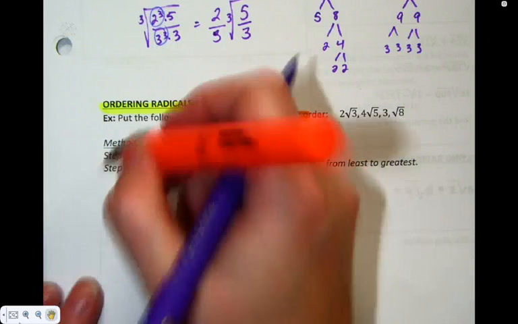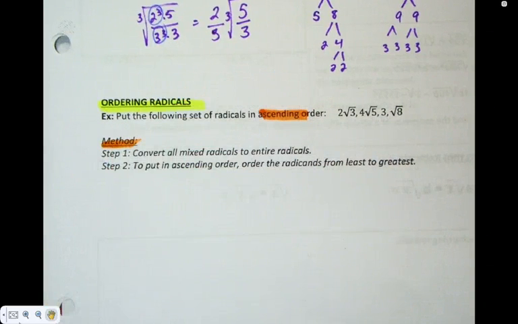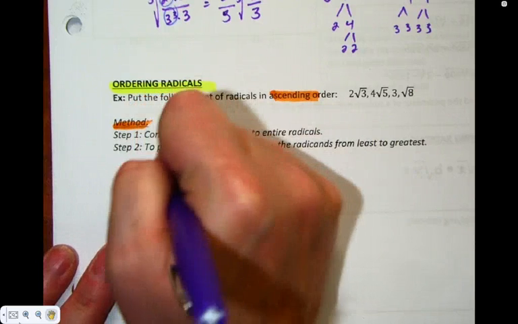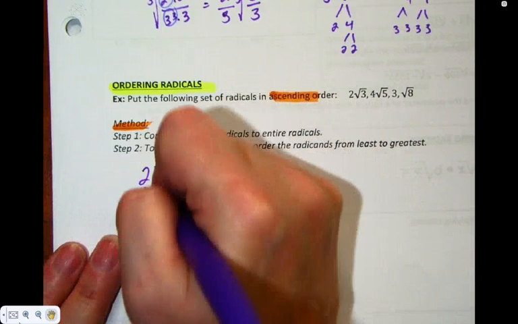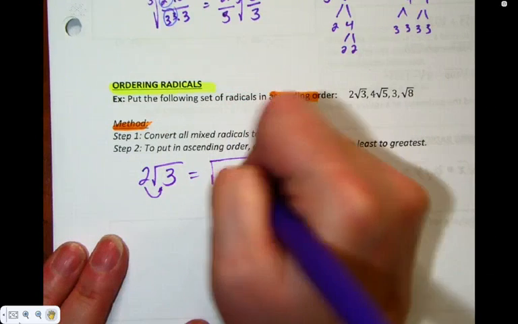Just like fractions, where we changed them all to mixed fractions, now we're going to change them all to entire radicals. And then we're going to put them from smallest to largest. So let's start with our 2 root 3 first. 2 is going to move under that sign.